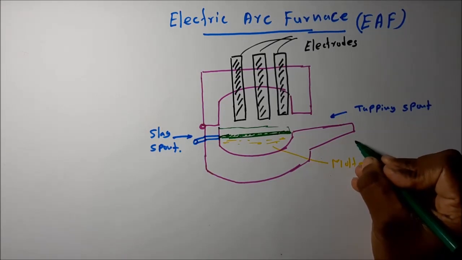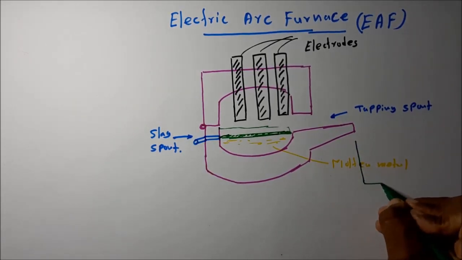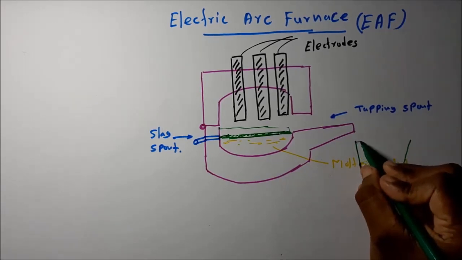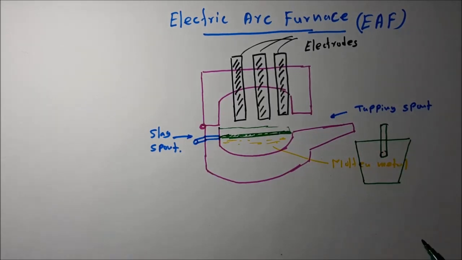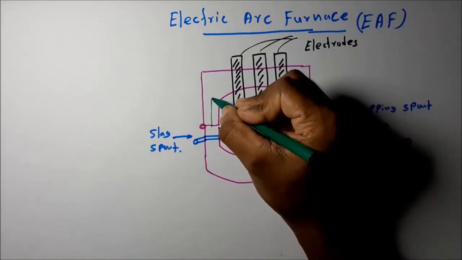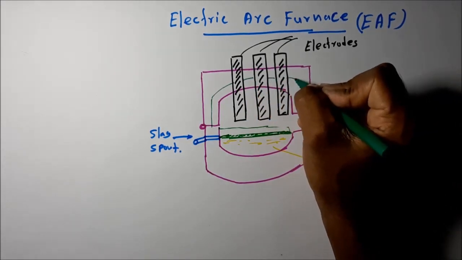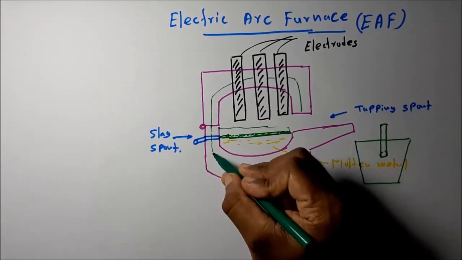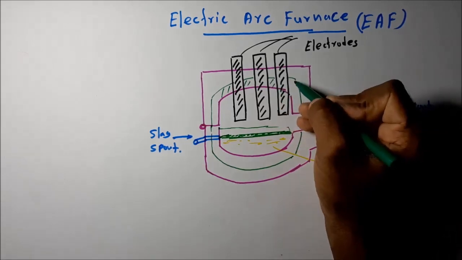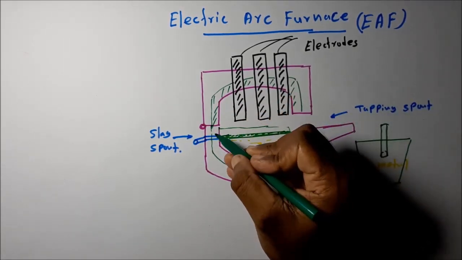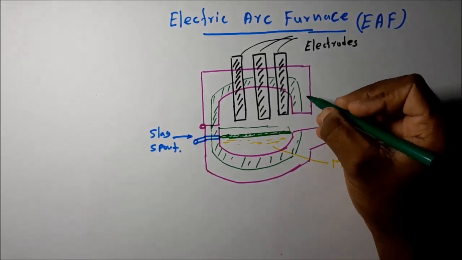Okay, this is called a ladle. Inside, it has a refractory layer, and the outside is the steel housing.